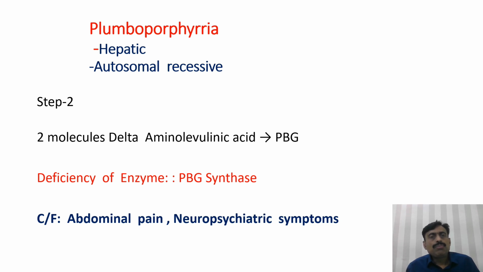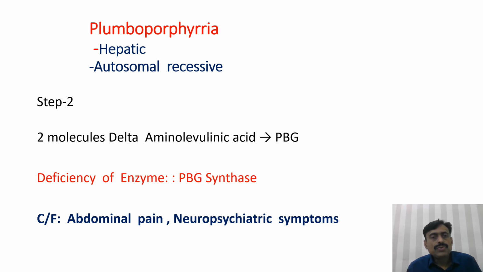Next important porphyria is plumboporphyria. Plumboporphyria is a hepatic type of porphyria. It is an autosomal recessive disorder. This occurs due to the deficiency of the enzyme PBG synthase, which is required in the second step of heme biosynthesis.